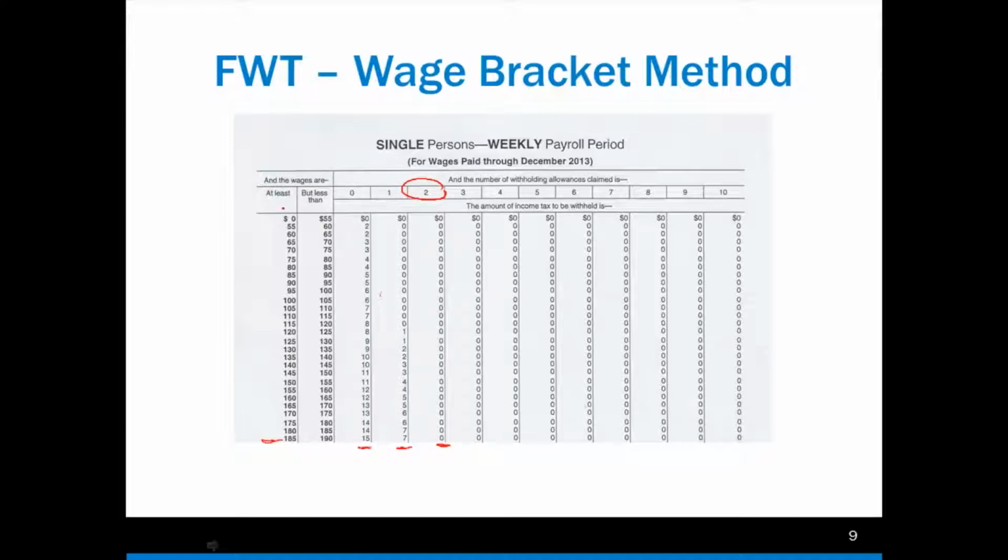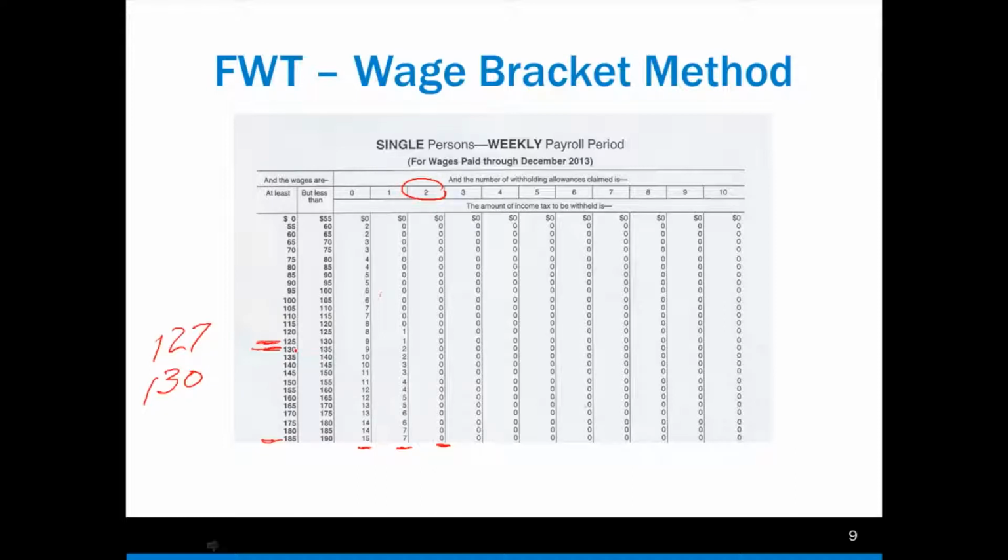So how does this form work? It says, and the wages are at least but less than. Let's look at 130 here. Maybe let's say my paycheck was 127. So it's at least 125, but it's less than 130, so I would fall in this line. But if I had 130, it's at least 130.